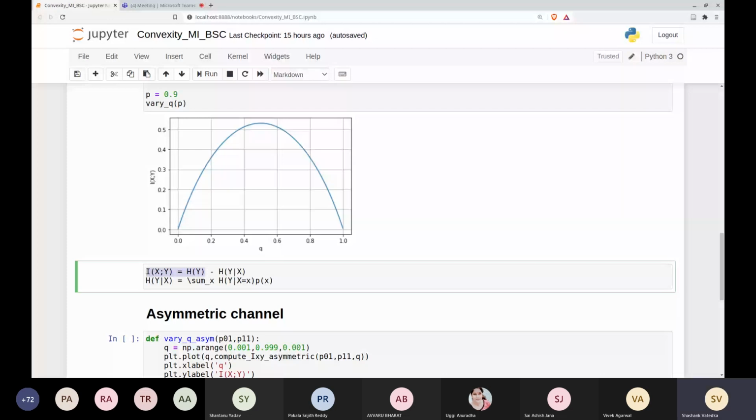So in particular for a BSC P, no matter how you choose P, if you choose Q equal to half, then what is the output distribution?